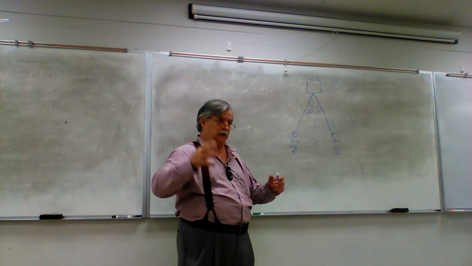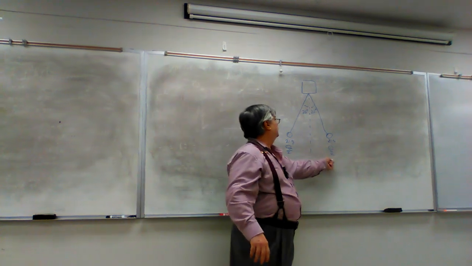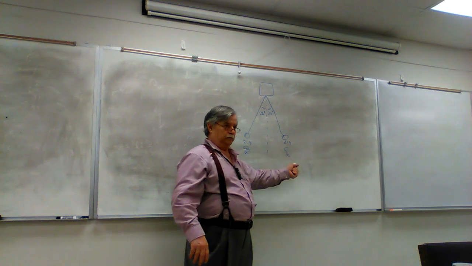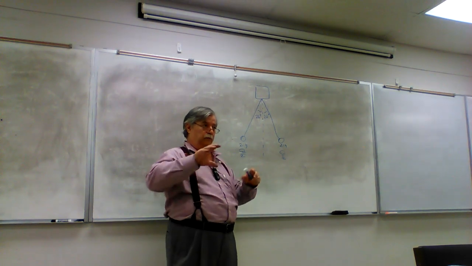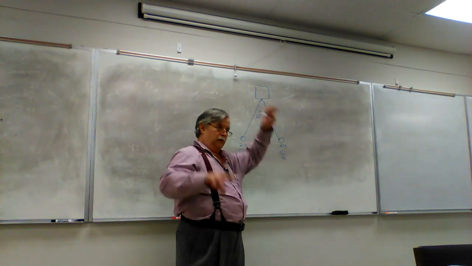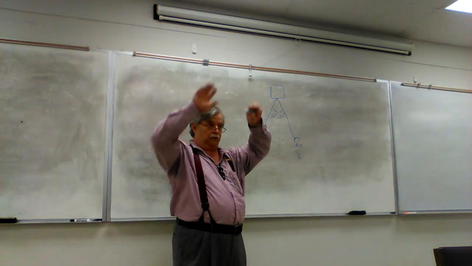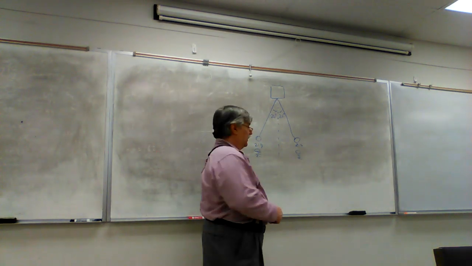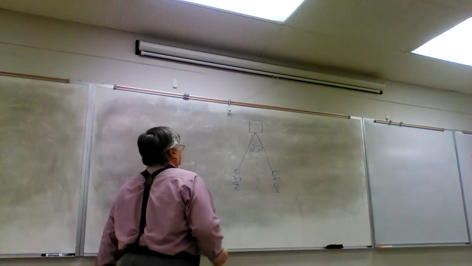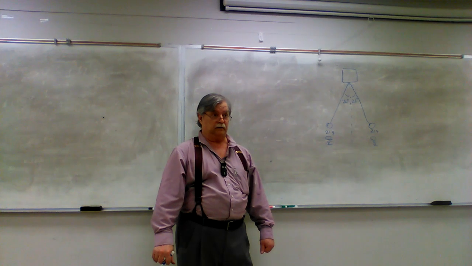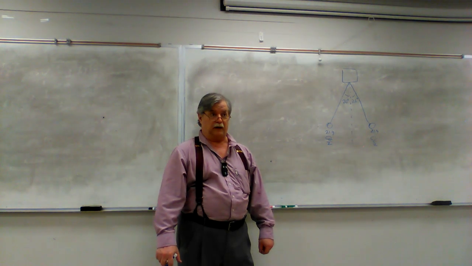So the force that this Q exerts on here is the same force that this one exerts on here. Because when you do Coulomb's law, you multiply by both: this Q times that Q, or Q over 2 times Q over 2, in this case.